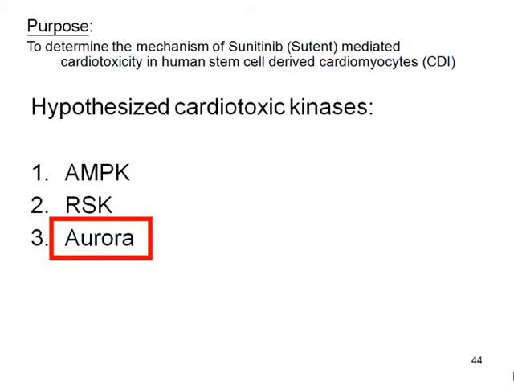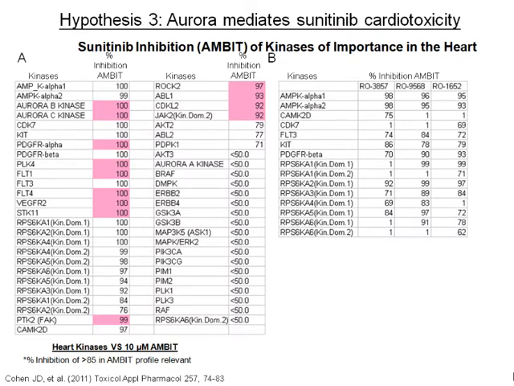Lastly, I'm going to discuss Aurora. So I compared a number of kinases that are critical to the heart, which is the list that you see here, to the AMBIT profile of Sutent. And any kinase that was inhibited greater than 85%, coupled to all of the AMPK inhibitors, so I looked at their AMBIT profiles as well.